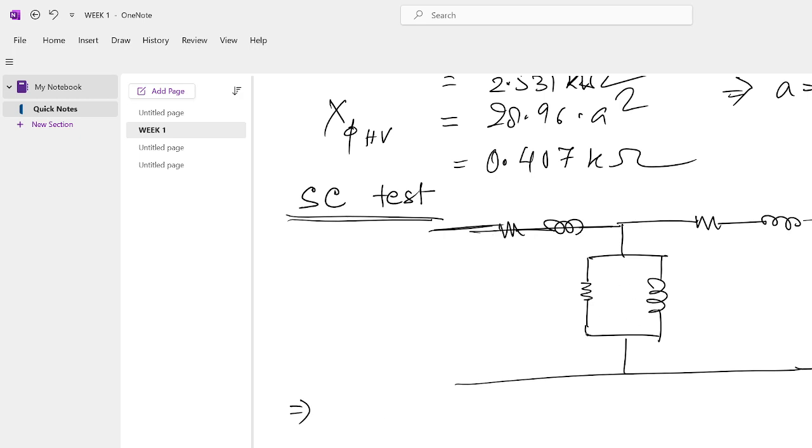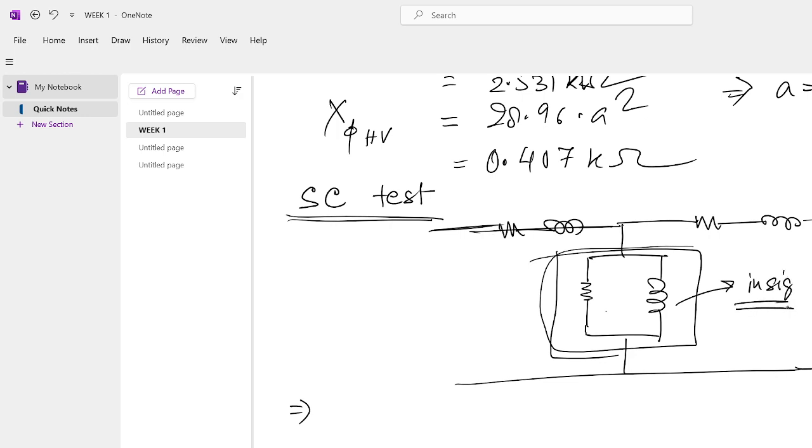Since we are not operating at rated voltage, the iron losses are insignificant. We can ignore this iron loss because it is proportional to voltage.